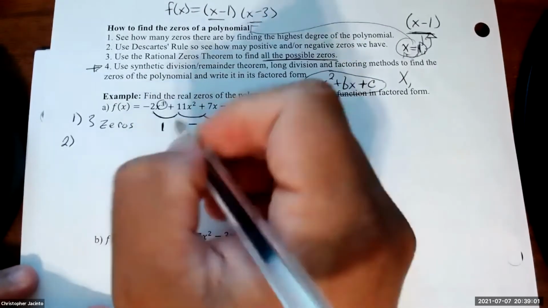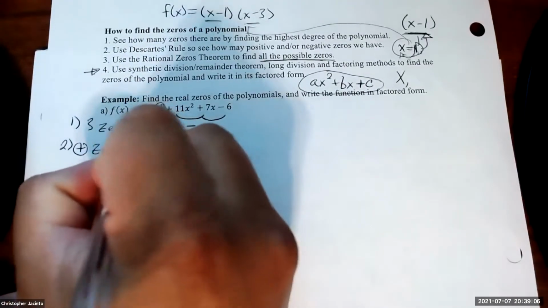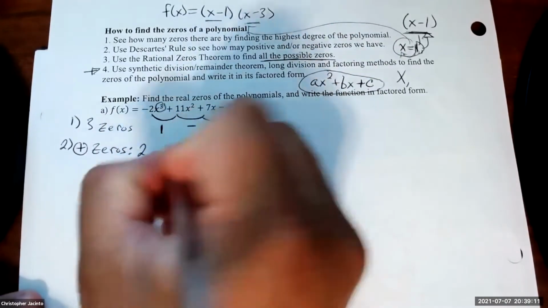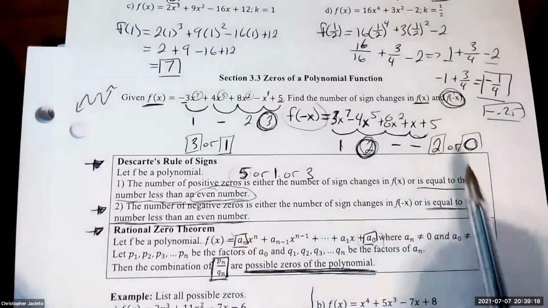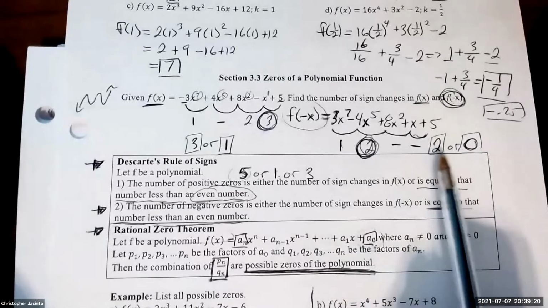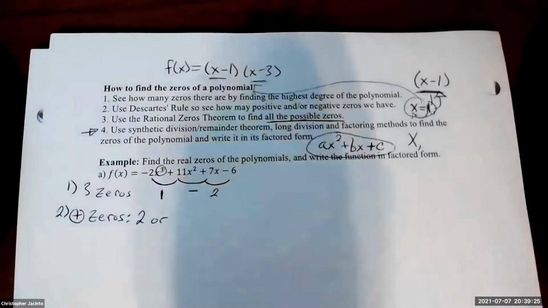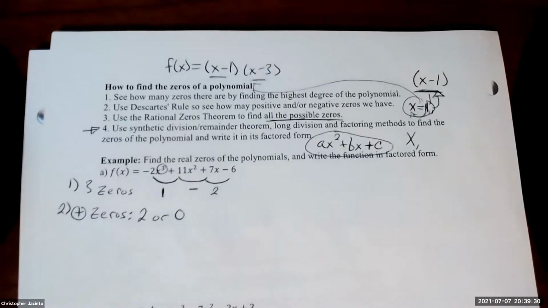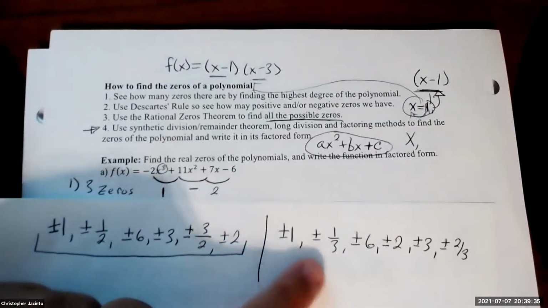So for positive zeros, we're either going to have 2 or, according to Descartes' rule, 2 minus an even number, which is going to be 2, so 2 minus 2 gives you 0. So we're going to have either 2 or 0 positive zeros. What I mean by positive zeros is it's going to be just positive 1, positive 1/3. We have 2 or none.